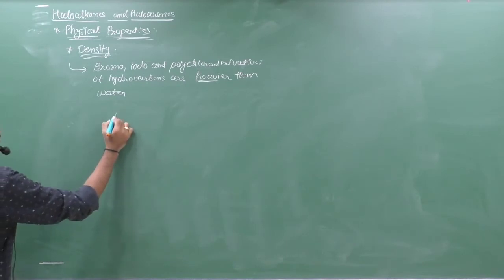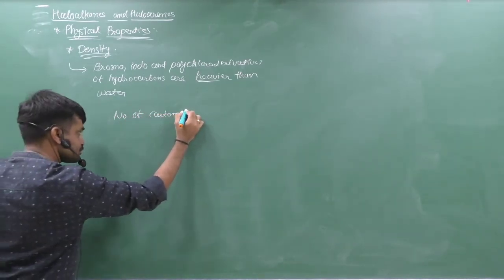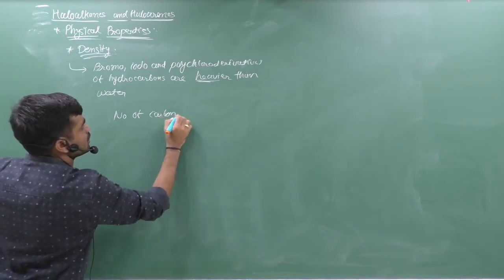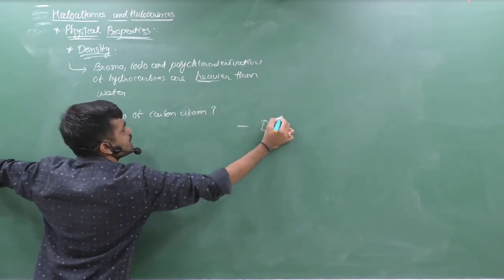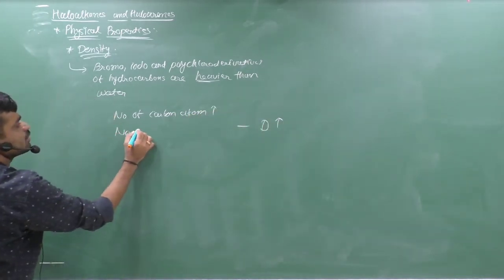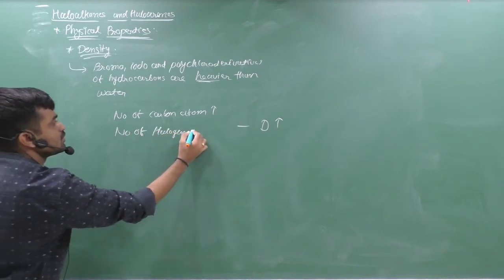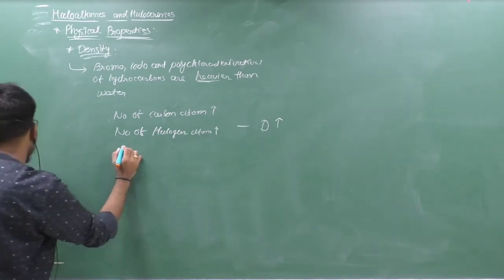And the trend is like that. As the number of carbon atoms increases, density increases. As the number of halogen atoms increases, density increases. As the molecular mass, atomic mass or size of the halogen atom increases, density increases.